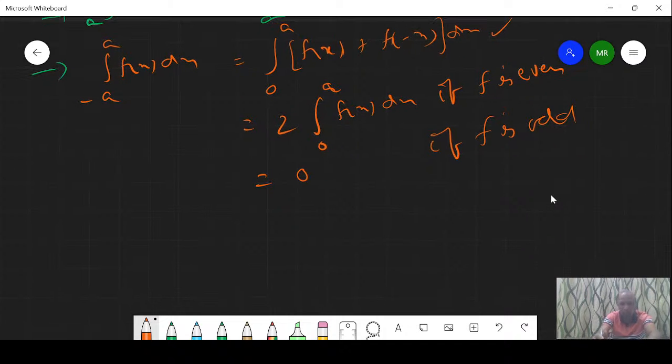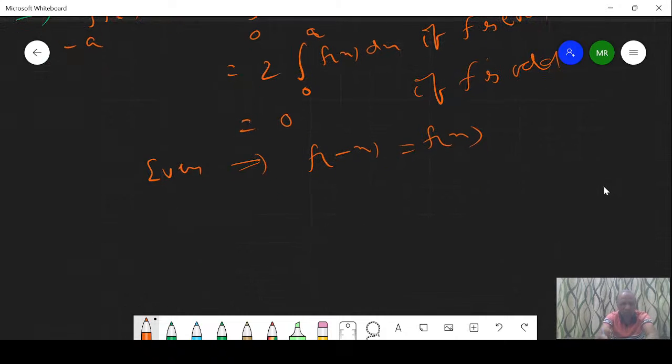When talking about an even function, f of minus x equals f of x. When it is an odd function, f of minus x equals minus f of x.